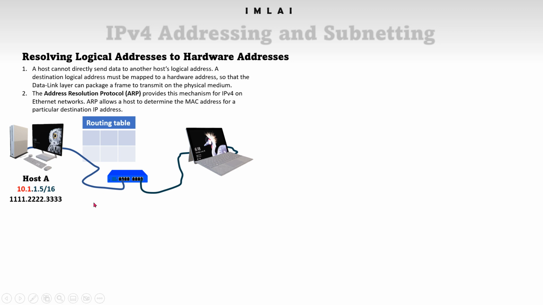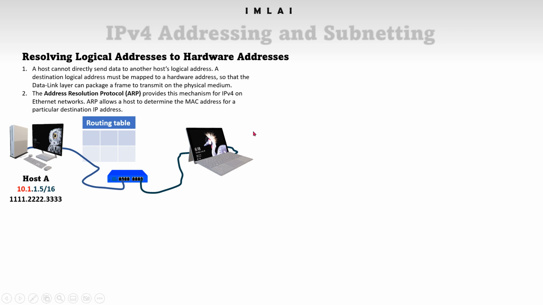You can see the subnet mask, that CIDR, is /16. Thus host A's IP address of 10.1.1.5 and the destination address of 10.1.1.6 are on the same network, that is 10.1. So that is the common network both are in.